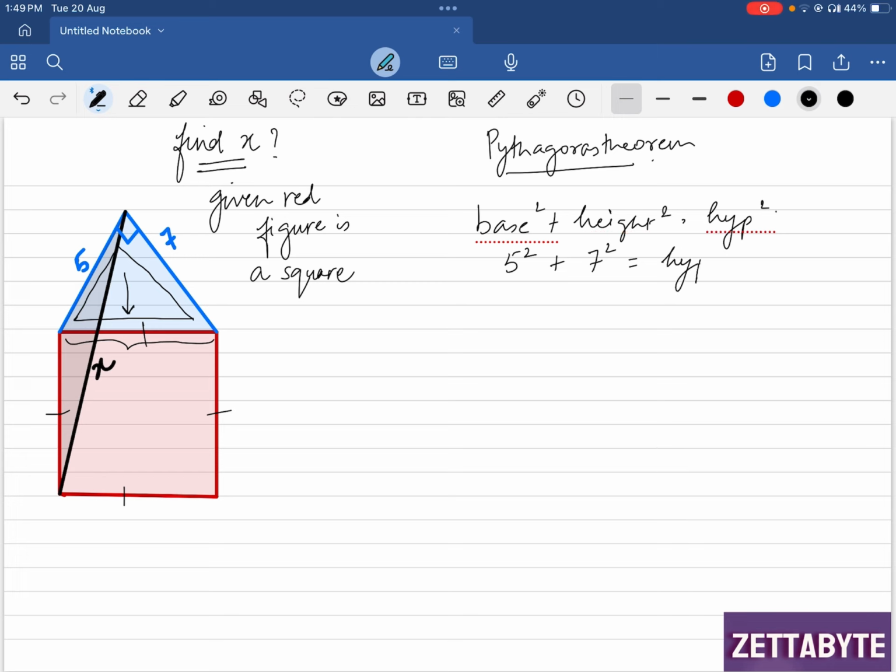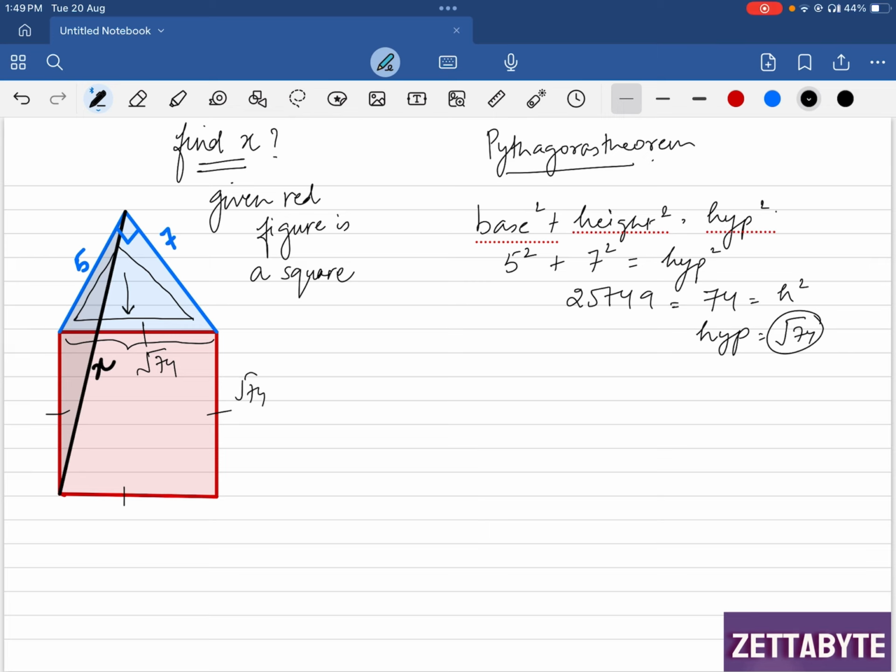So 25 plus 49 equates to 74, that is equal to the hypotenuse square. So the hypotenuse is easily taken out as root 74. Here I'm going to mark it out, root 74, root 74.